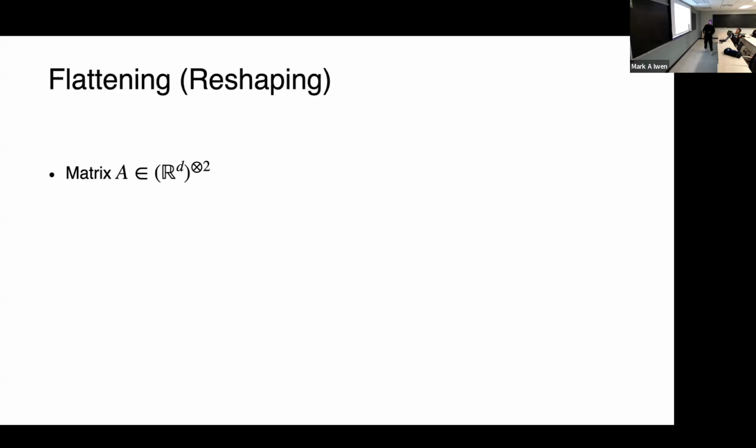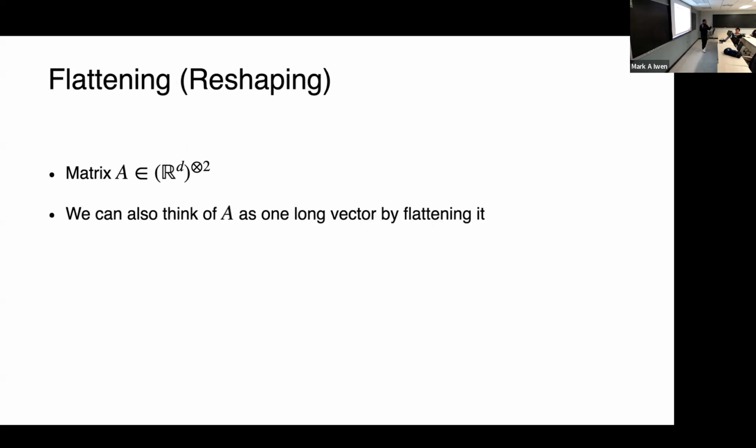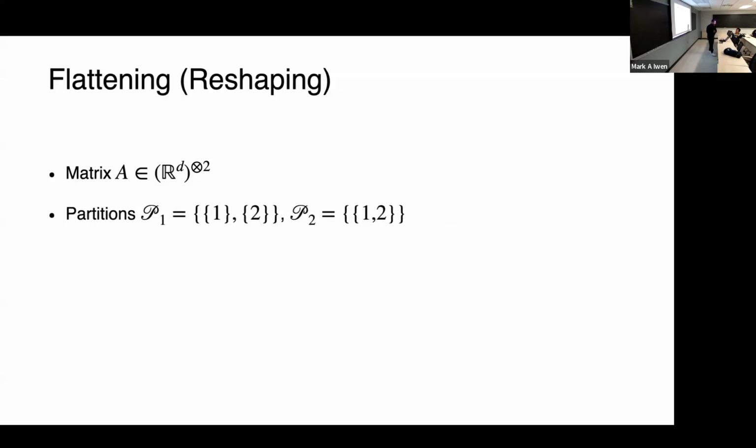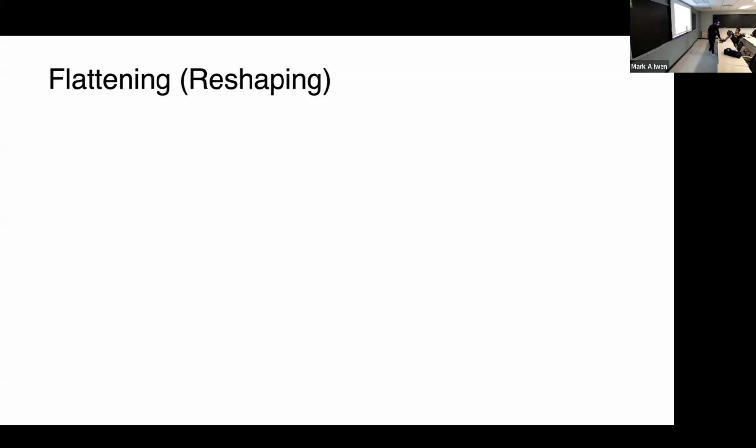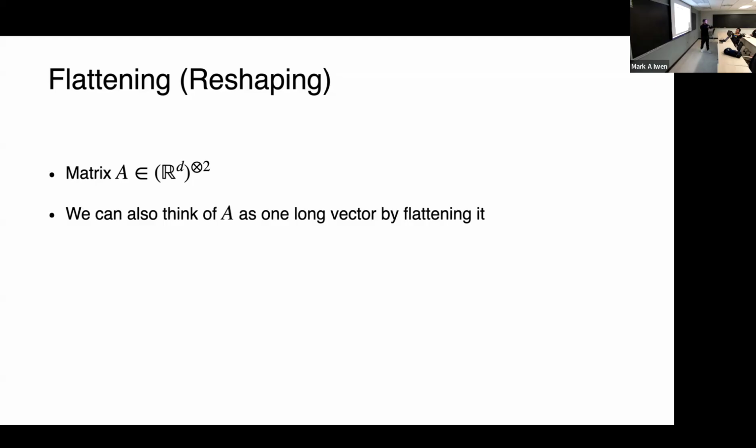The last piece of notation I'll need is a generalization of a very natural operation we would see in linear algebra. If I had a square matrix for simplicity, maybe this is what you would tell your students not to do in linear algebra, but we can think of it as a very long vector by flattening it along the columns.